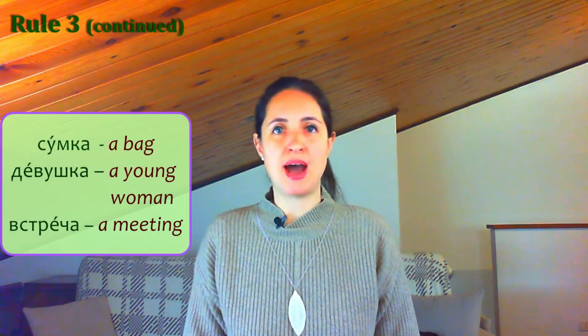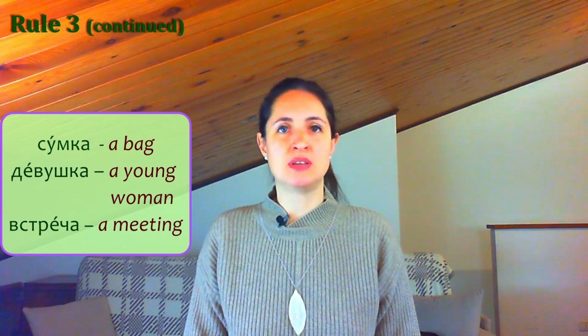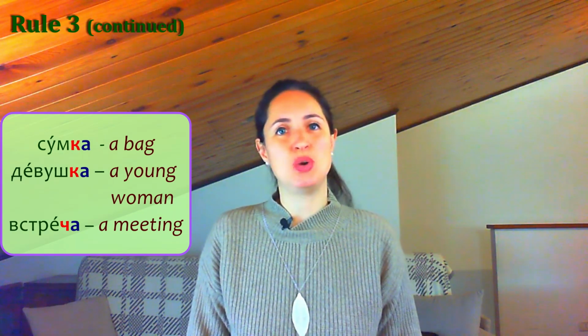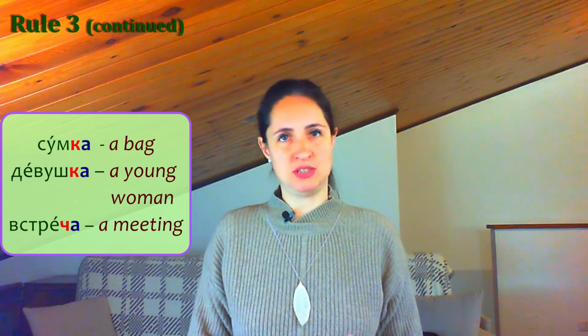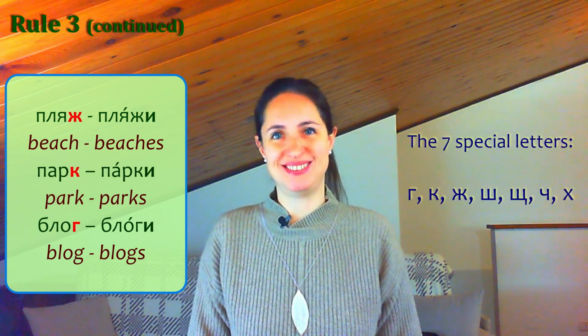In order to complete this lesson that presents the rule of the plural of nouns, let's add a small part to the third rule, of which we haven't spoken yet. There were the words a bag, a girl, a meeting, and so on. They all end with the letter A, preceded by one of the 7 sisters. The same rule of the 7 special letters regards masculine nouns too, that end in these letters.